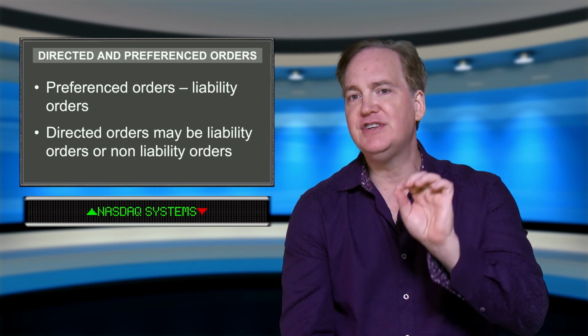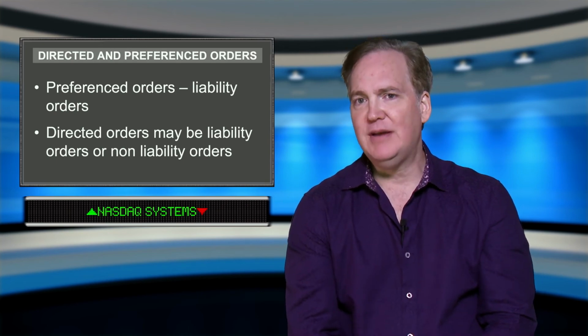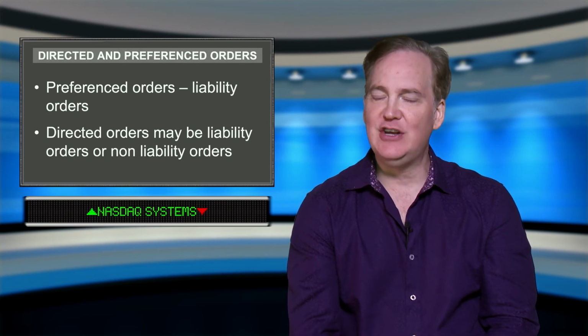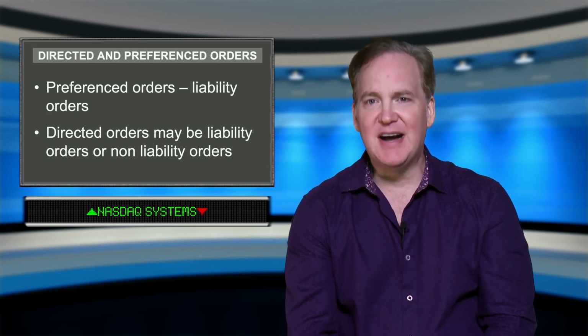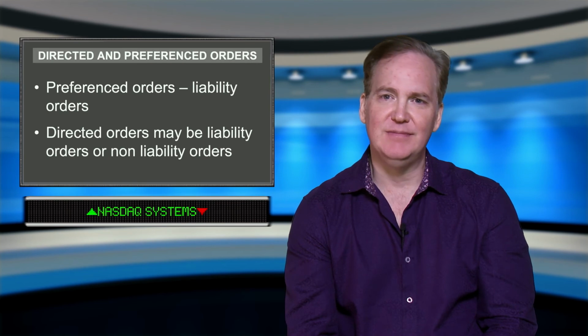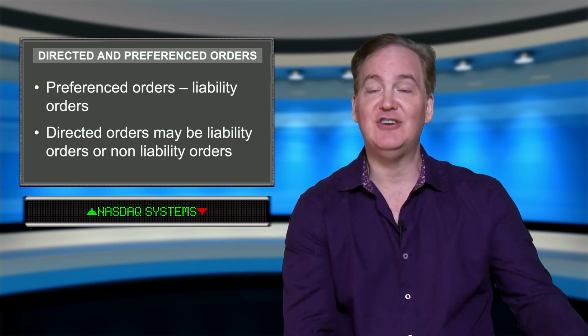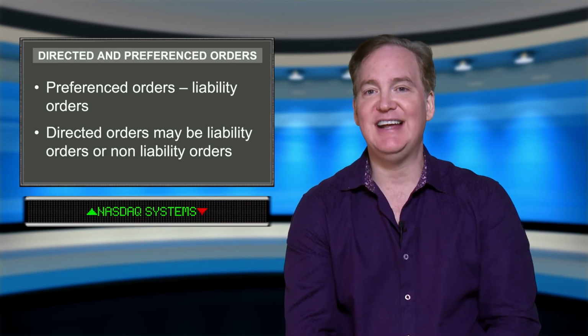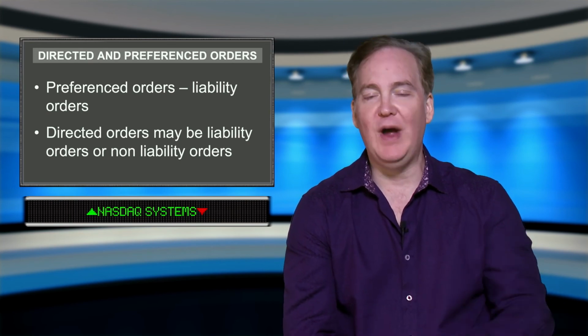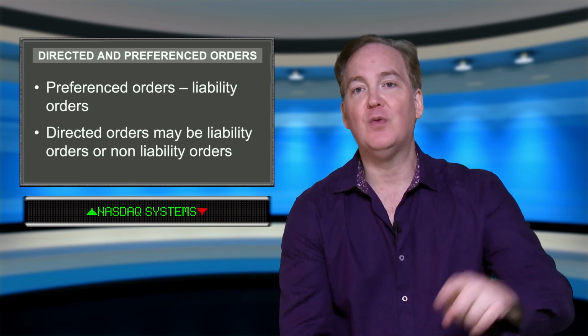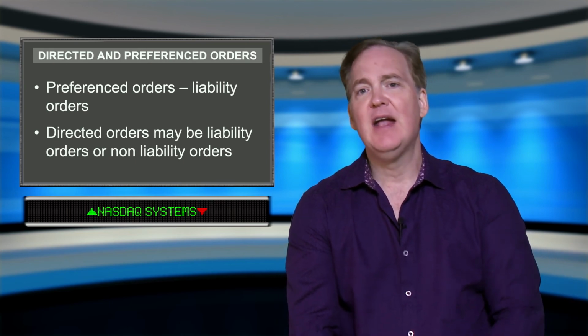Now, it's important to note that the market maker you preference in your order must be on the inside market. So if you're buying the stock, they must be on the inside offer. If you're selling the stock, they must be on the inside bid. If they are away from the inside market, the order will be rejected.